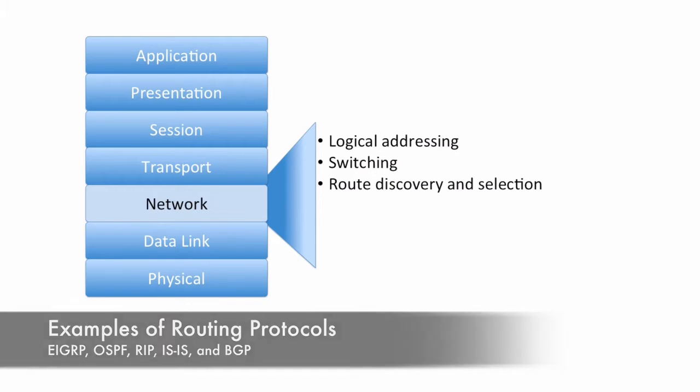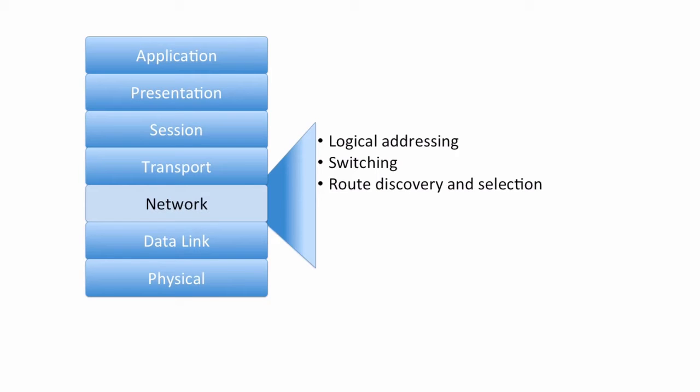But we can have some protocol that is going to advertise between routers information about how to get to different networks. And because it's dynamic, if one network becomes unavailable off of one of our neighboring routers, we can know about that. We can remove it from our routing table because it's no longer reachable by that neighboring router.